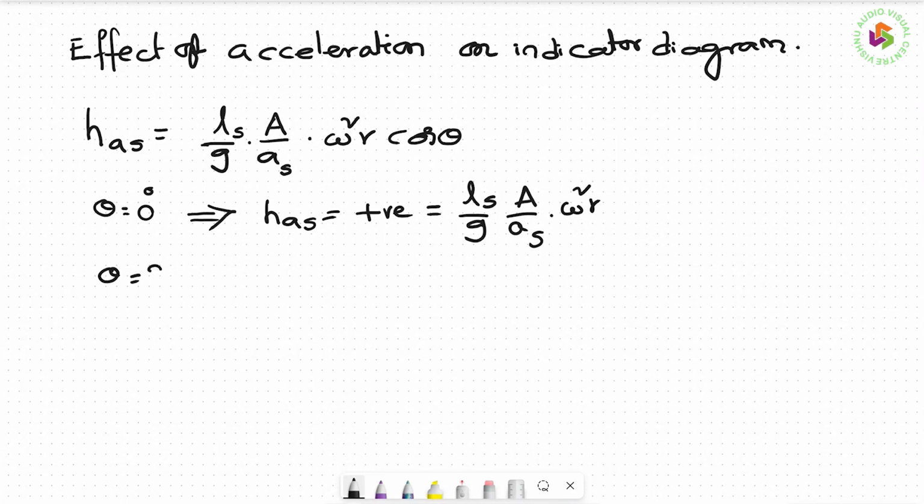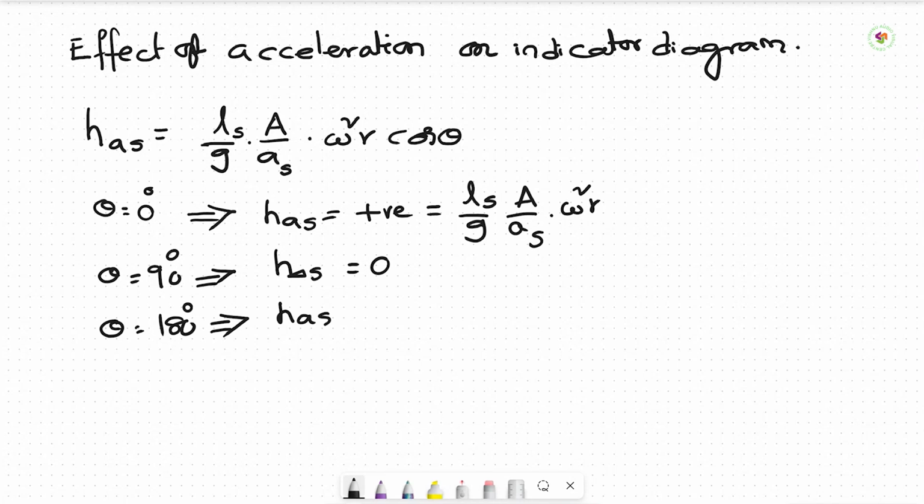Similarly, when theta is equal to 90 degrees, HAS is equal to 0, since cos 90 is 0. When theta is equal to 180 degrees, HAS is negative, equal to minus Ls by g, A by As into omega square r.